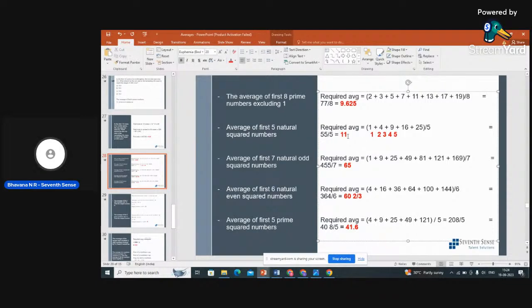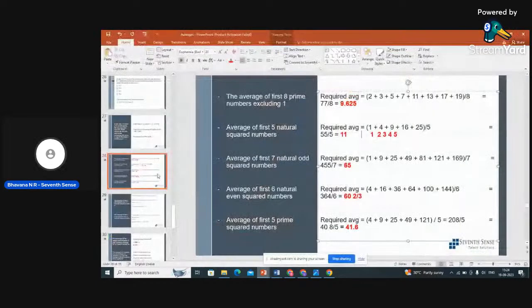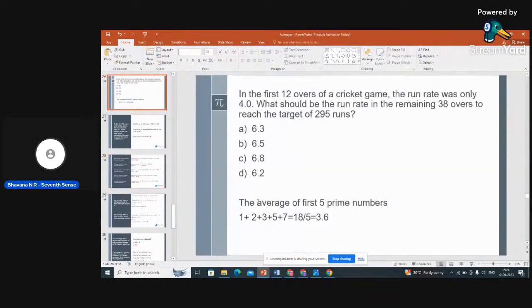I said it's including, I just didn't delete it. See, just read the statement here first. For the previous question, the average of the first five prime numbers, that's it.